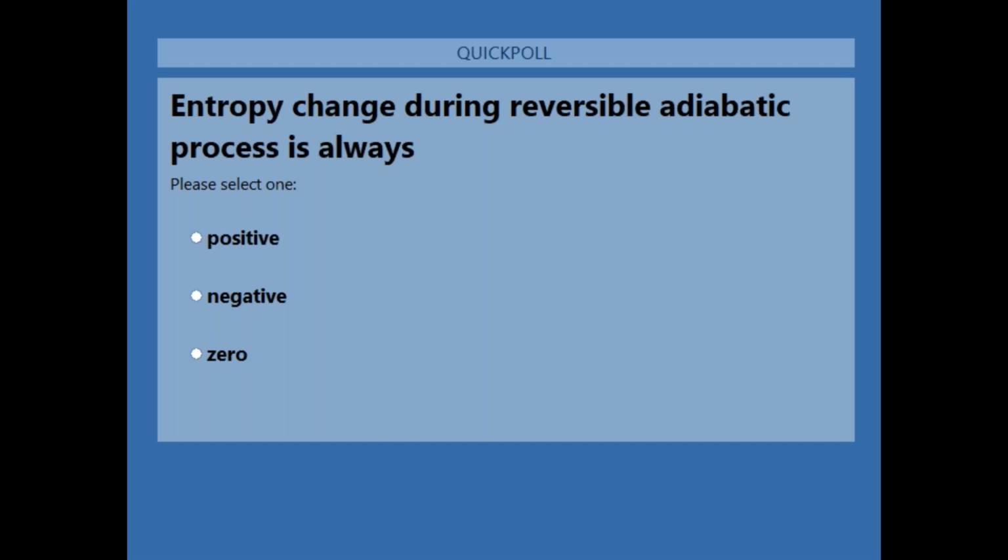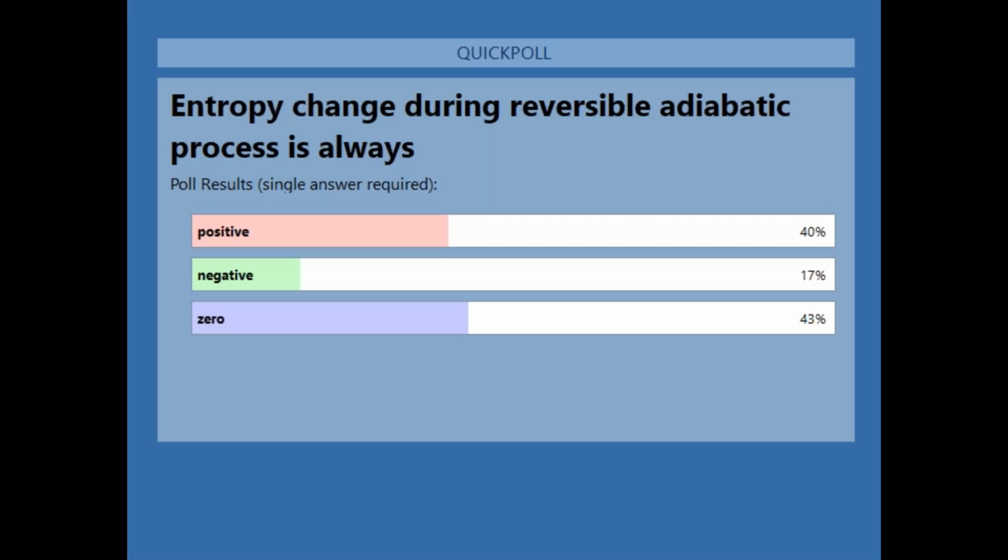So let me close the poll and let me tell you the correct answer. As you see on your screen, 43% of the students have answered the poll question correctly, and the remaining 57% have answered it wrong.